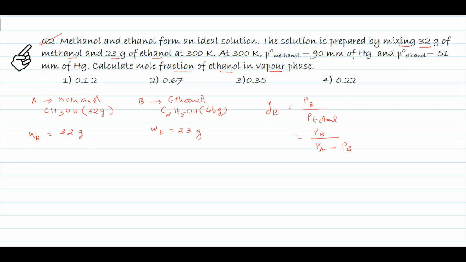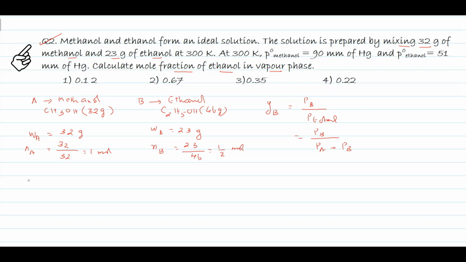Then you can convert the masses into number of moles by dividing with the corresponding molar mass. So here Na equal to mass 32 by molar mass 32 equal to 1 mole. Here Nb equal to mass 23 by molar mass 46 equal to 1 by 2 mole.